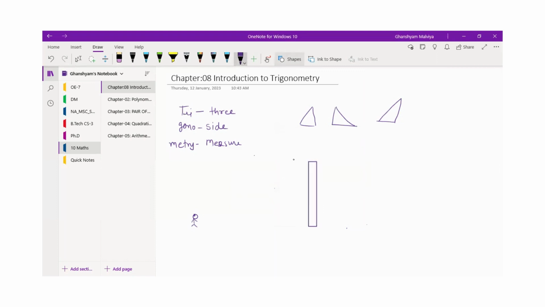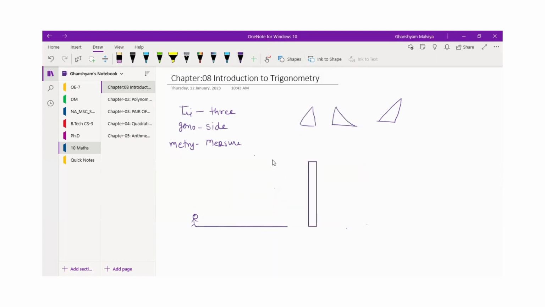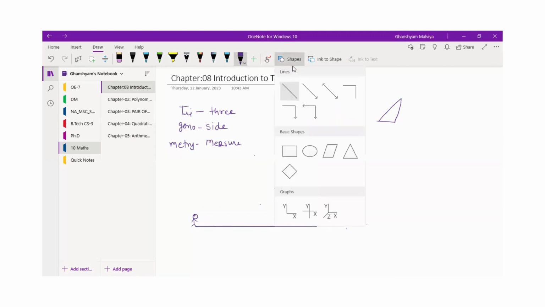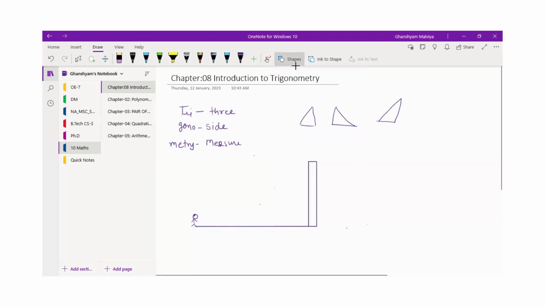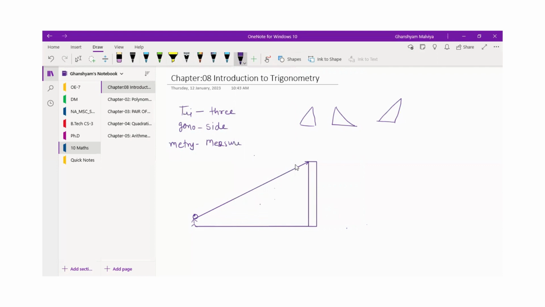We assume that the tower and the person are at the same level. The person is observing the top of the tower.